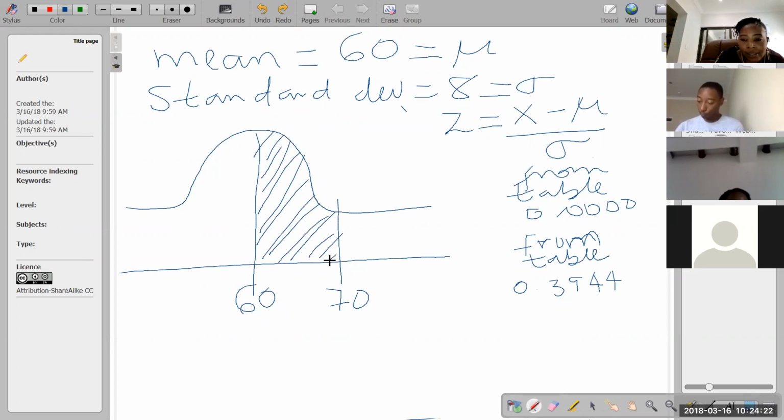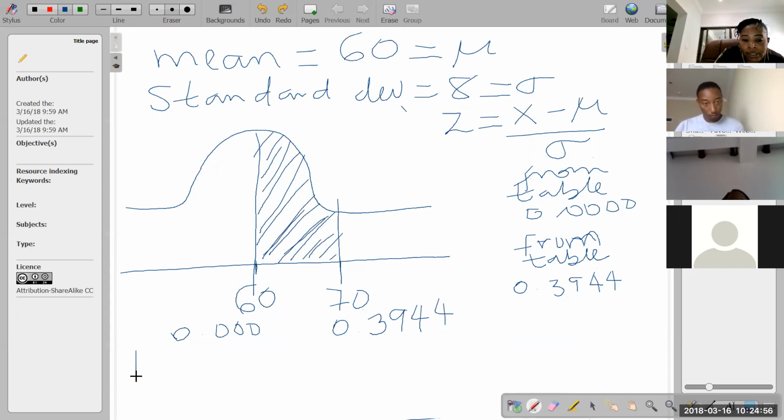At 60, the area is 0.0000, and at 1.25, which is 70, it is 0.3944. So our area is from 0 to 0.3944.